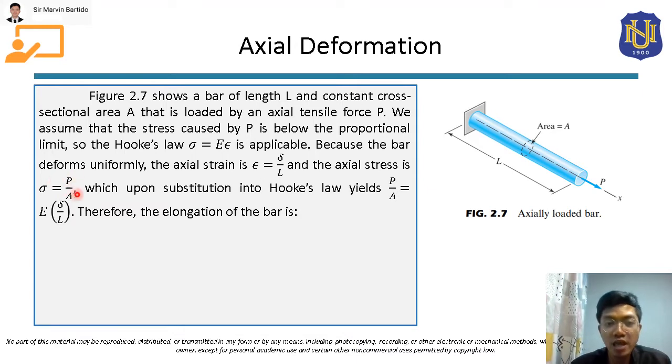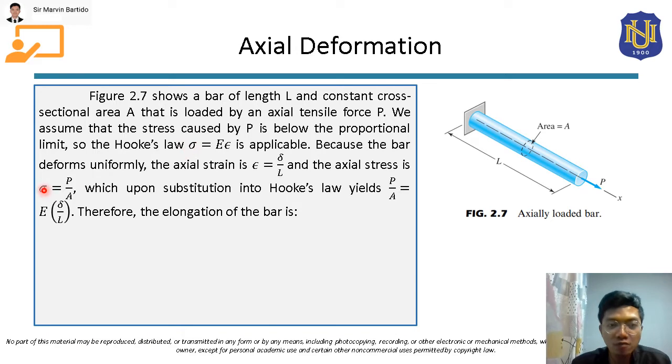the cross-sectional area, which upon substitution into Hooke's law, class, if we are going to substitute the formula for epsilon and sigma in the formula for Hooke's law, we can say that sigma is equal to P over A. So we will substitute that here.